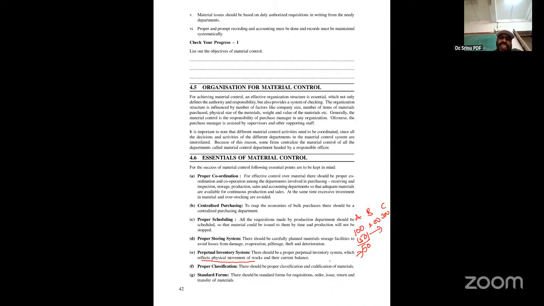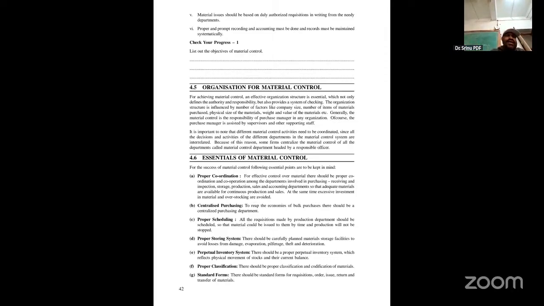Next one is proper classification. There should be a proper classification and codification of material. Classification of material means, as per our requirement, A category material, B category material, C category material, like that we are going to classify. Is it clear?